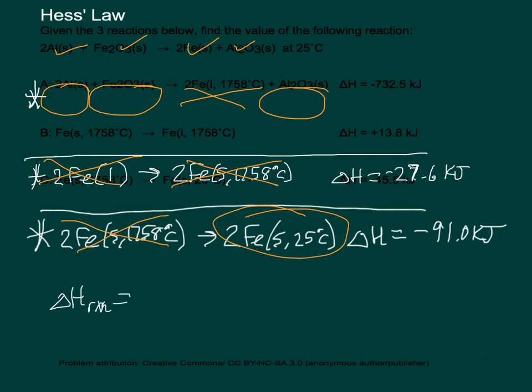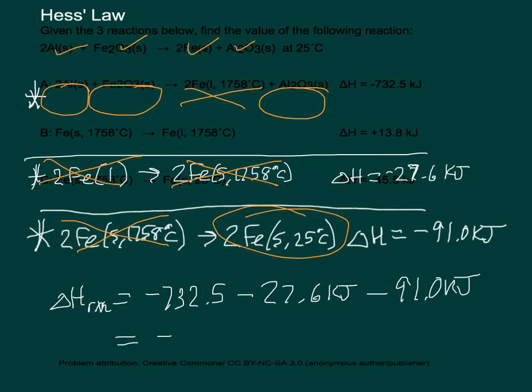So the delta H of that initial reaction is going to be equal to negative 732.5, minus the 27.6, or really plus negative 27.6 if you want to think about it that way, and plus negative 91.0 kilojoules, for a value of negative 851.1 kilojoules.